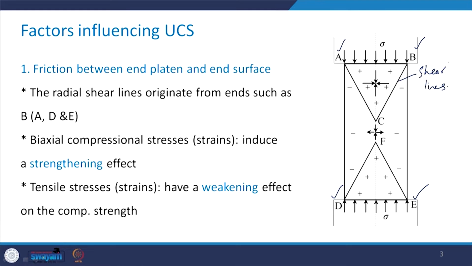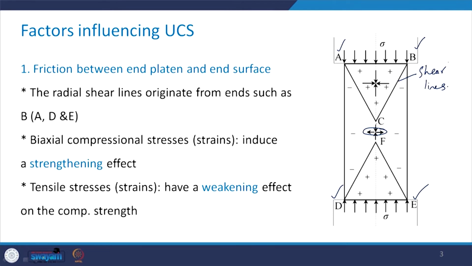Because you have the biaxial compressive stresses or strains, these induce a strengthening effect in the specimen, while the tensile stress here along one axis has a weakening effect on the compressive strength.